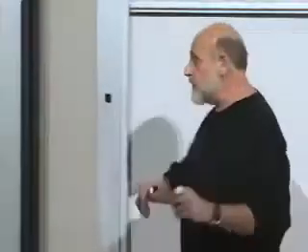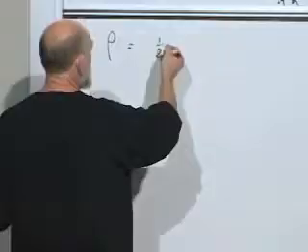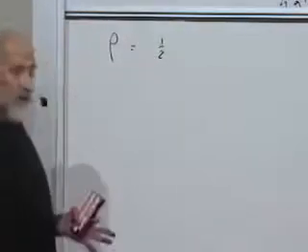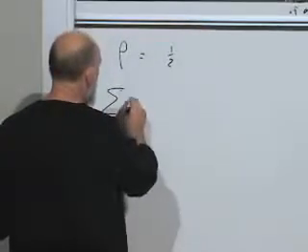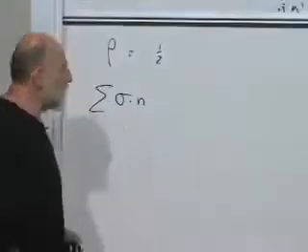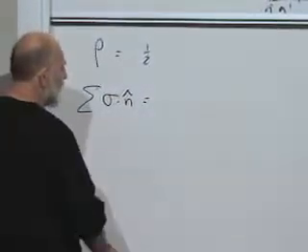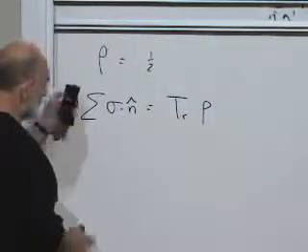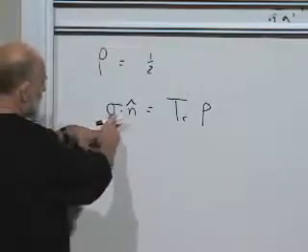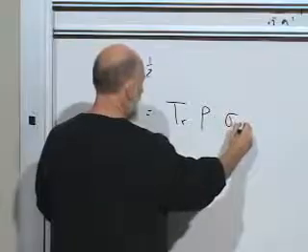We could calculate them by using the full wave function, or we can calculate them using the density matrix. The density matrix for spin number 1, rho, is equal to 1/2 times the unit matrix. The expectation value of any component of spin along any axis is equal to the trace of rho times sigma dot n.